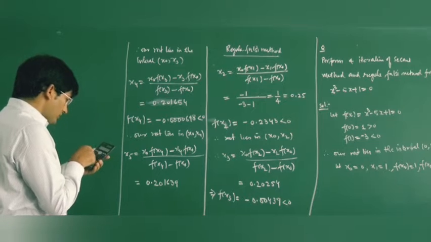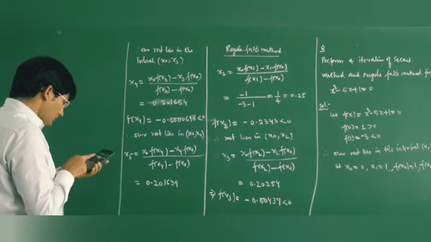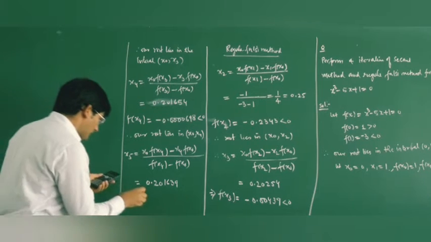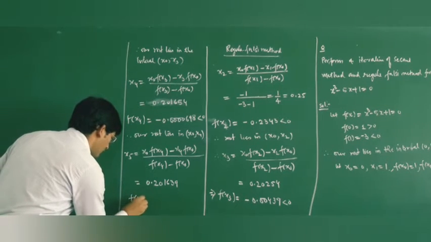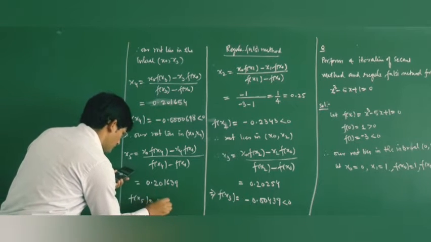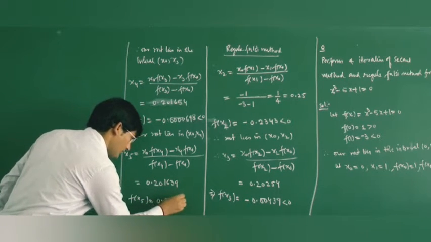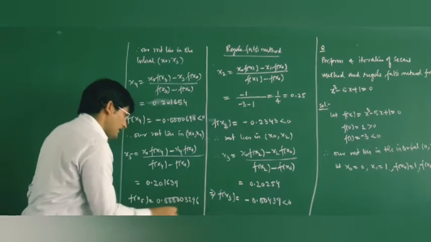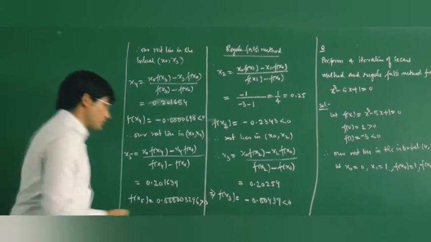Okay, again let us check the value of the function at this point. So the value of the function at this x5 is equal to 0.000, then we have 50, then 3296. Now again you can see that the value of the function at this point is positive.